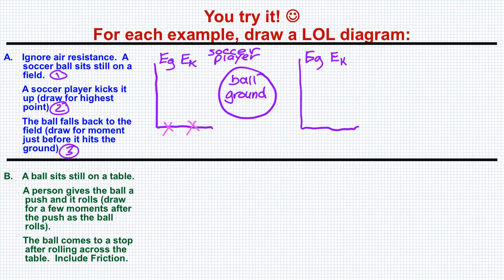Where does the energy actually come from here? What starts the ball moving? It comes from the soccer player's kick. The soccer player is putting energy into the system. And I'm just going to draw an arrow that goes into that system O. And I can decide how much energy is going in.